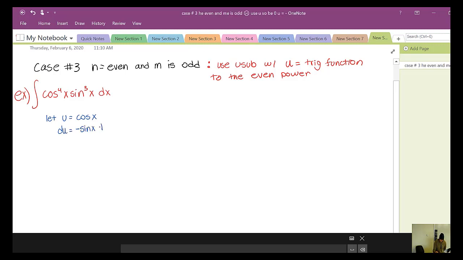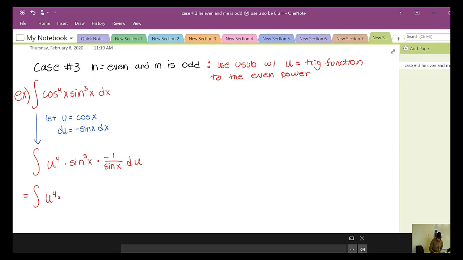And our integral will become u to the fourth times, right, -1, I can pull it out.